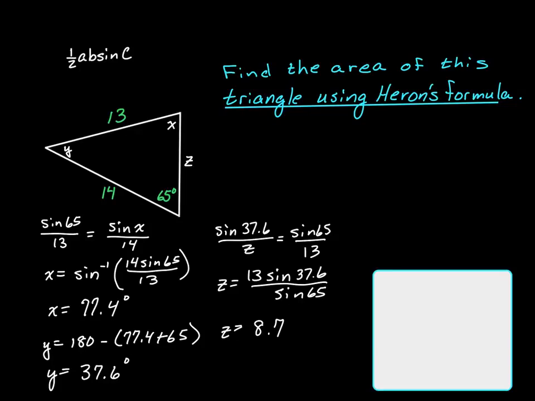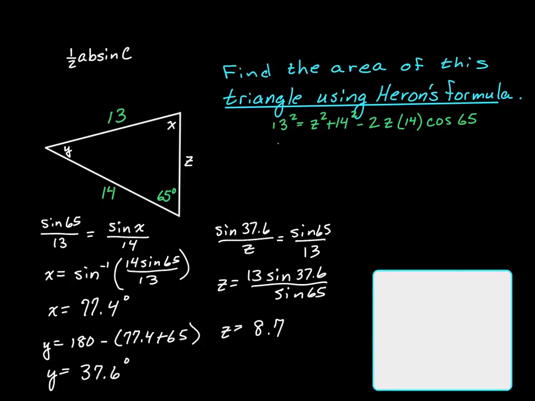Now, another way that we could have done this to find Z is in one step, write out the law of cosines. All right, so the law of cosines would start out as 13 squared equals Z squared plus 14 squared minus 2 times Z times 14 times the cosine of 65 degrees.